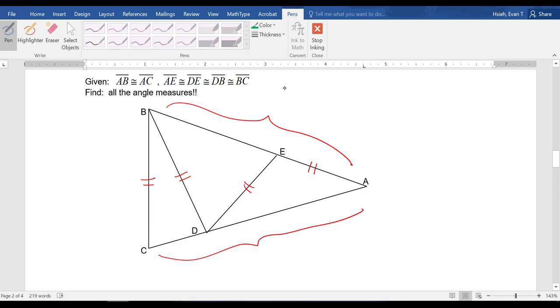That's all the given information. So at this point, stop the video, and after you try it for a while, hopefully you'll get it. If you don't get it, then we'll go over it together. So take some time.